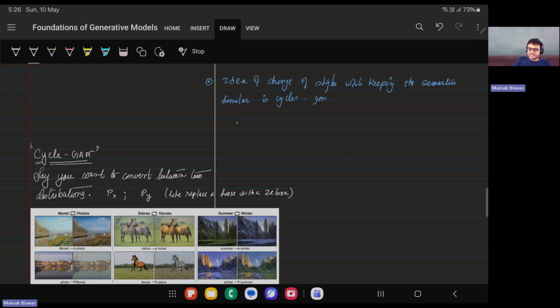The idea is, instead of sampling from a noise distribution, why not learn a generator that takes in a value x1 and gives you x2. This is style 1 and this is style 2.